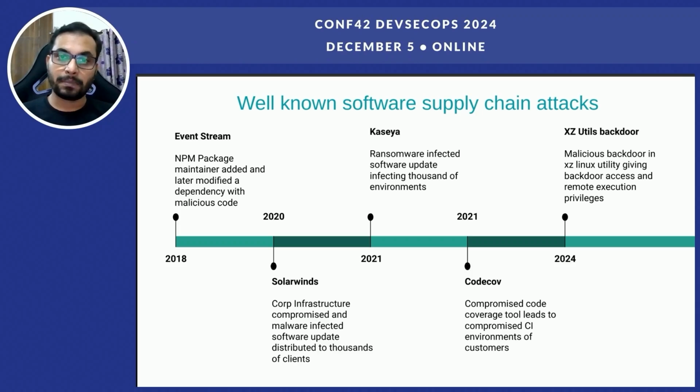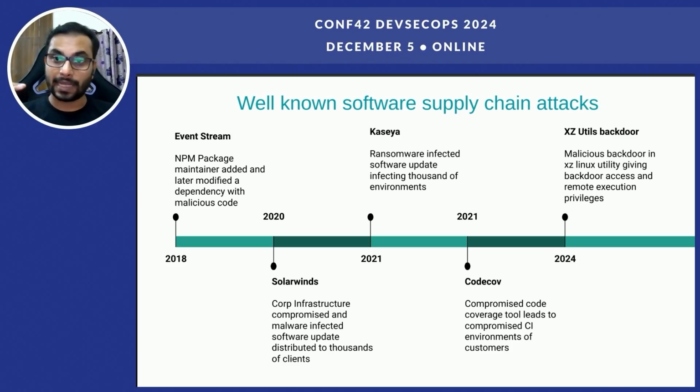Another month later, a malicious version of flatmap-stream, which was a dependency, was published. The issue was detected only after $8 million of the affected software was exploited, and it affected a large number of systems.